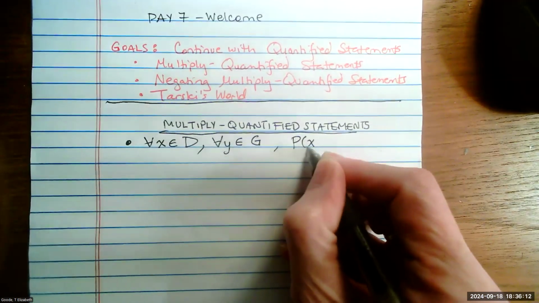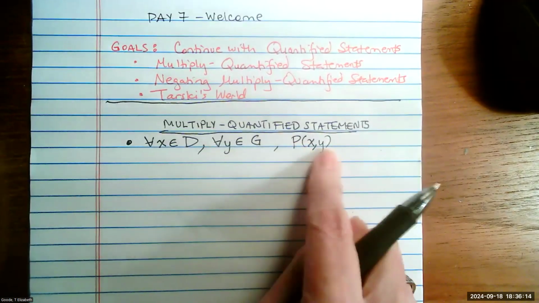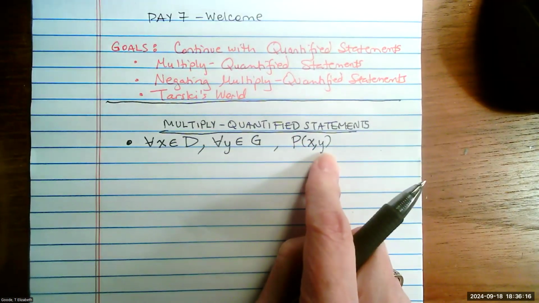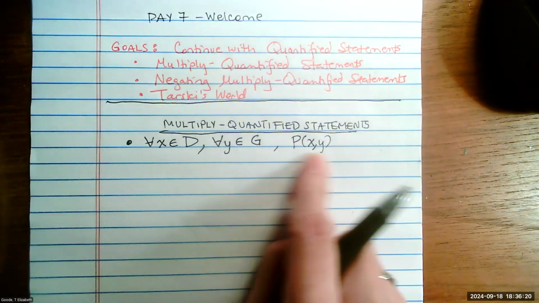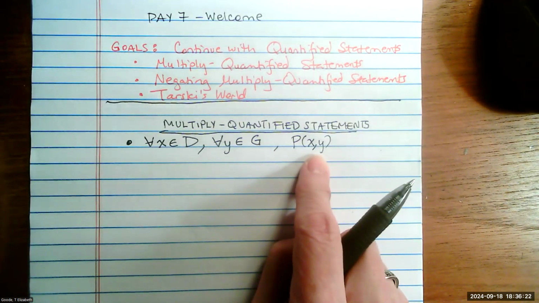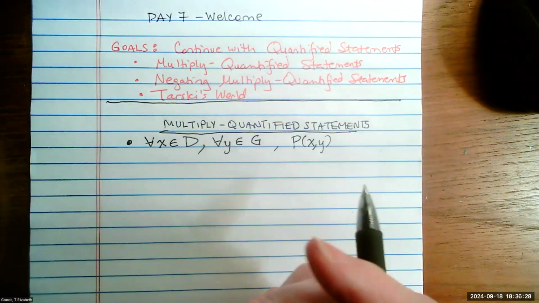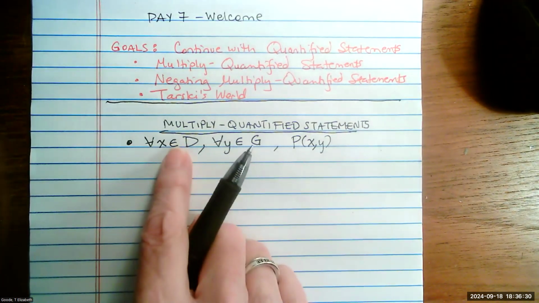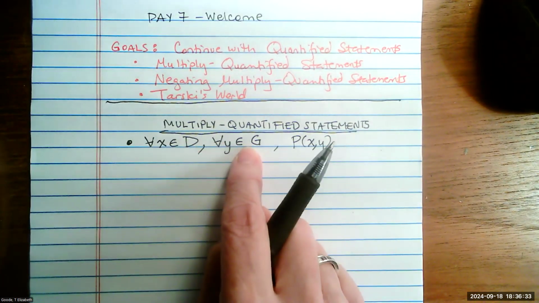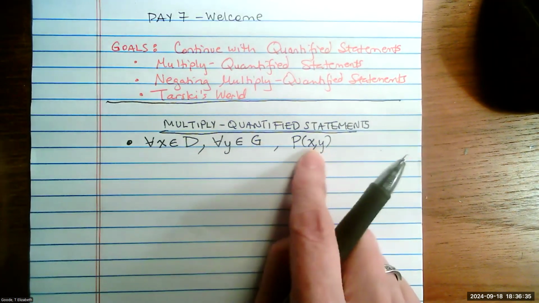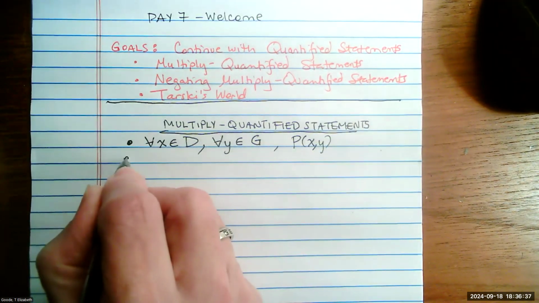Property P of X, Y holds. So P of X, Y is just some statement that involves X and Y. And we'll look at lots of examples tonight so that you can get used to this idea of not just P of X, but P of X and Y. So for all, and this means exactly what we think it means. It means for every X in this set D and for every single Y in this set G, this property is going to hold, some relative property.